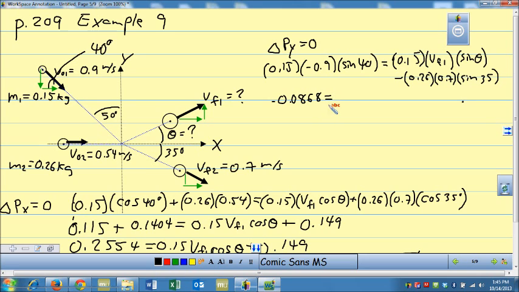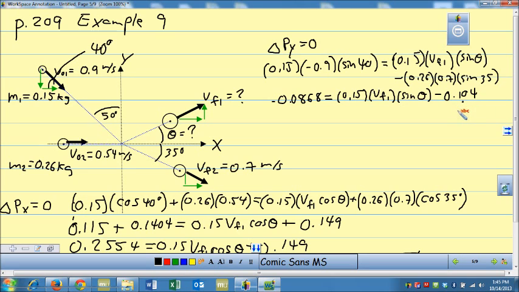On the right, let's see, 0.15 VF1 sine theta minus, now let's do this piece here, 0.26 times 0.7 times sine 35. That's minus 0.104.